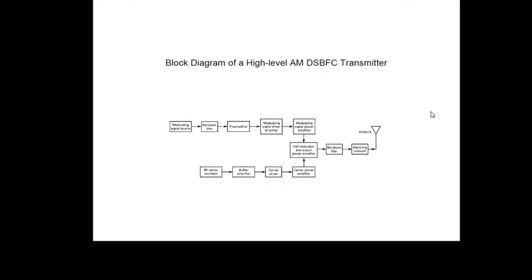Then a similar block diagram for the high level AM double sideband full carrier consists of a modulating signal source, band pass filter, pre-amplifier, modulating signal amplifier, RF oscillator, buffer amplifier, carrier and carrier amplifier. The AM modulator generates through a band pass filter and matching network the high level, where we use the pulse width modulation technique to generate the double sideband suppressed carrier.